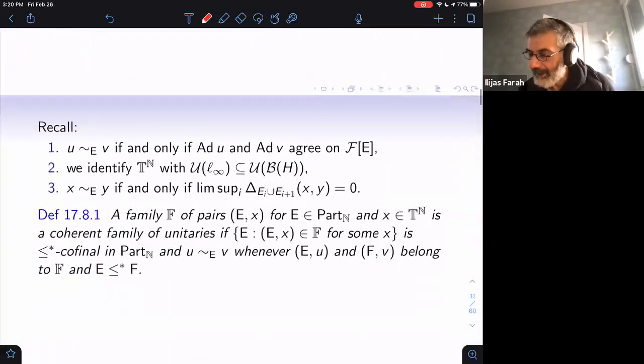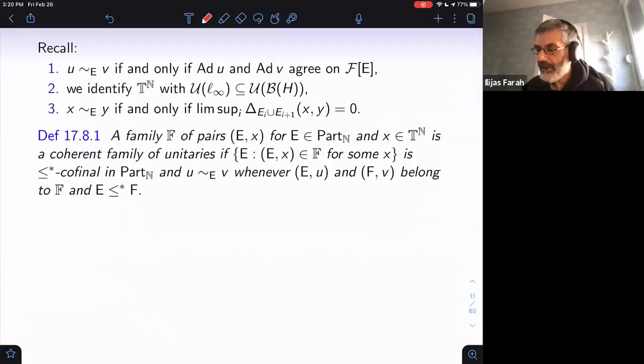Okay, so here is a definition. We haven't seen this definition before, although it was implicit in what we are doing. A family F of pairs (E, X), for E in part and X a sequence in the unit circle, is a coherent family of unitaries if the set of those E which are first coordinates of elements of F is less than or equal star cofinal in part.